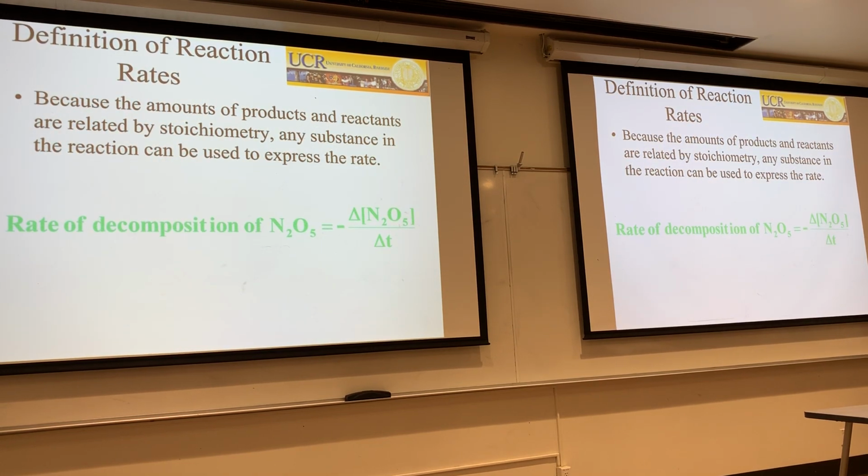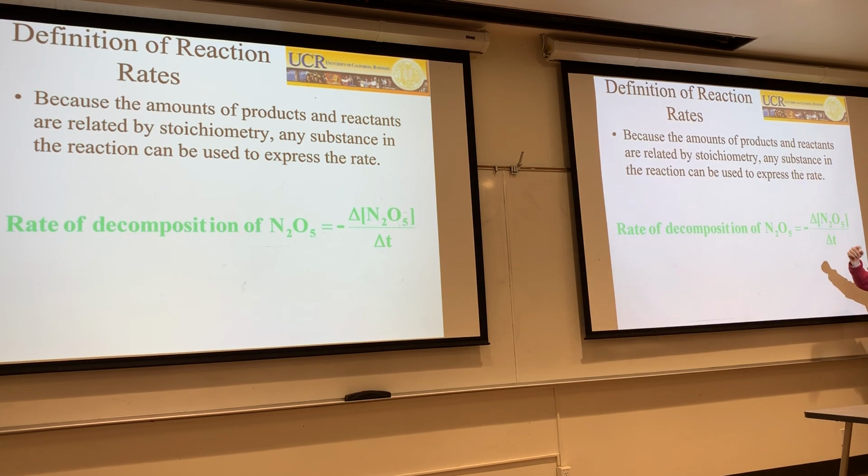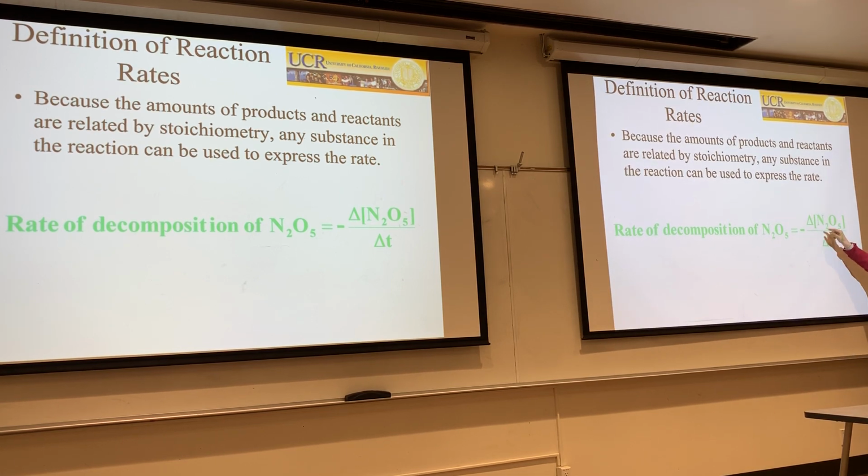But I could also look at the rate of decomposition for N2O5. That is the change of the concentration of N2O5 per unit time. But it's a decomposition reaction, so N2O5 is consumed. So the change over here is a negative number, and the result would be something negative.